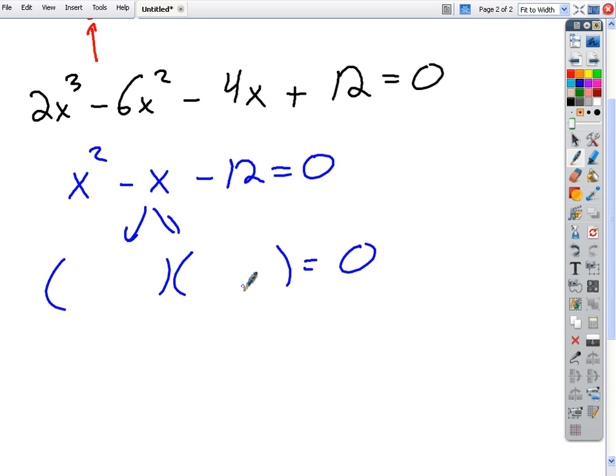Because the only way you can get 0 for an answer when you're multiplying things together is if one of the things you're multiplying is 0. It could be this one or it could be this one. Well, this would factor into what? What are the magic numbers that multiply to -12 and add to -1?